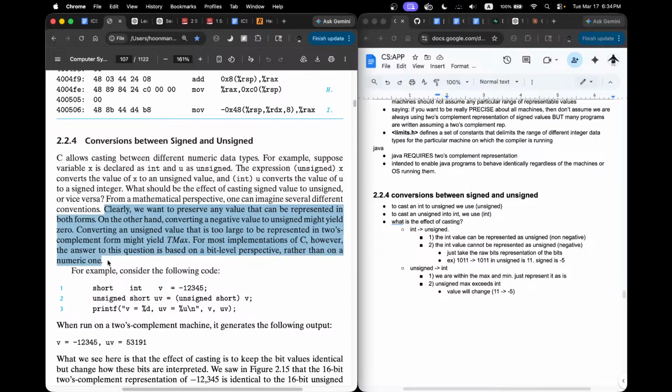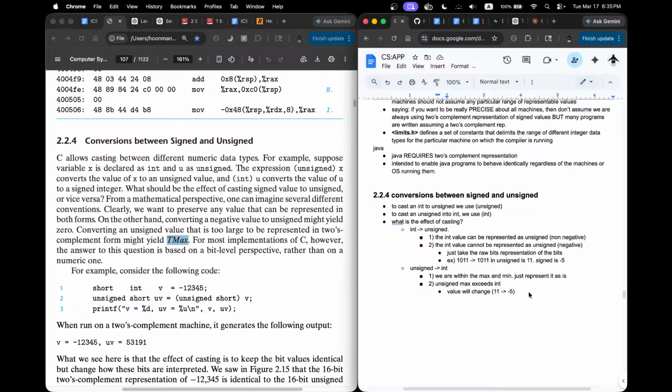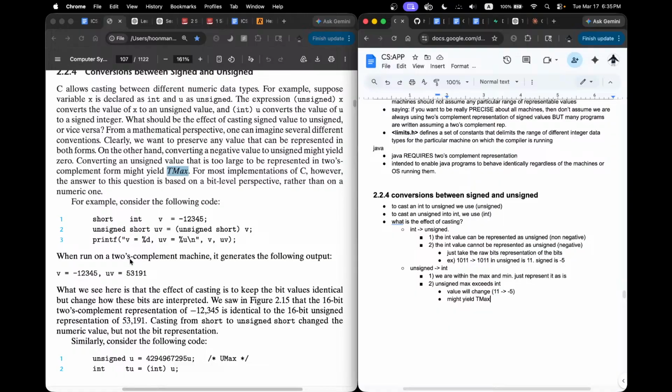Converting an unsigned value that is too large to be represented in 2's complement form might yield TMax. For most implementations, however, the answer to this question is based on a bit-level perspective rather than a numeric one. For example, consider the following code.